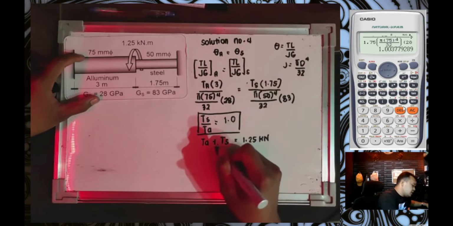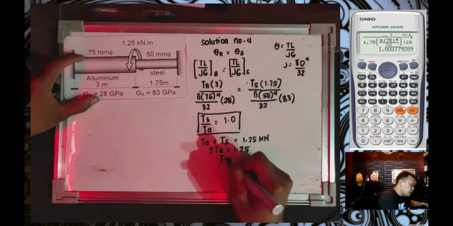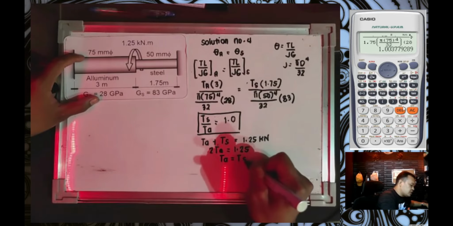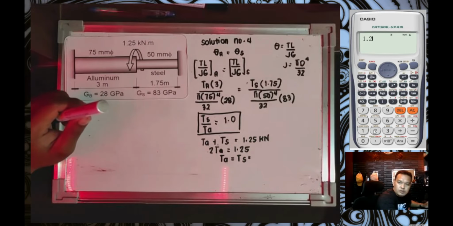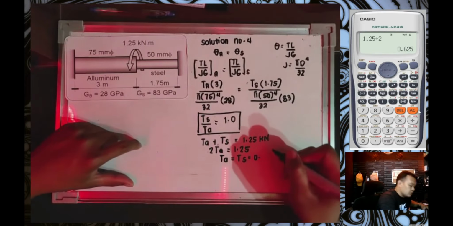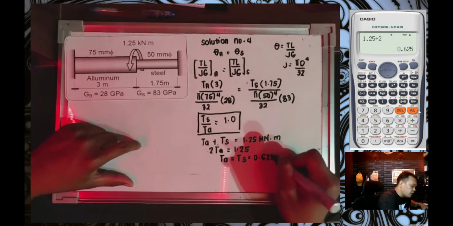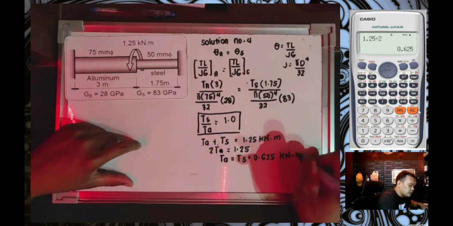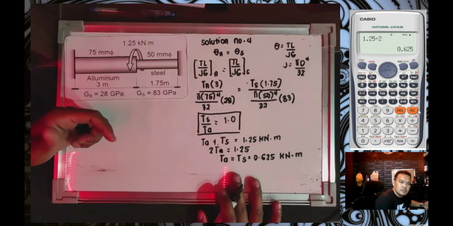So let's say that 2TA is equivalent kay 1.25. Therefore, TA is equivalent kay TS is equivalent kay 1.25 divided by 2, which is 0.625 kilonewton meter.